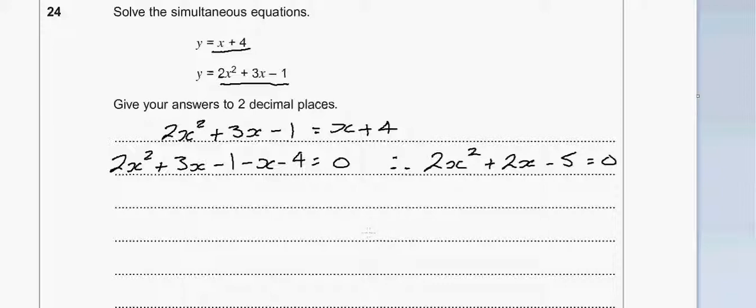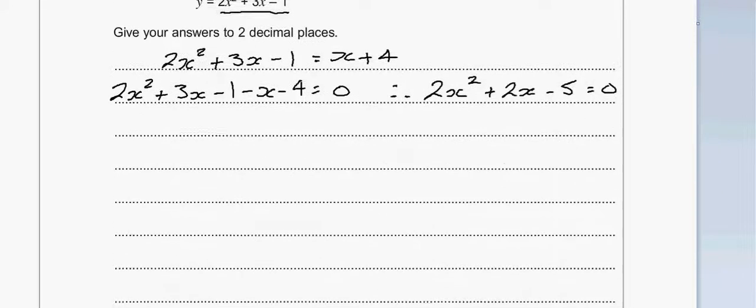Okay, so there's a couple of ways we could approach this. We could complete the square and solve this, but we've got a coefficient greater than 1. I could divide all the way through by 2, but then we would get into fractions, and I don't really want to do that. So I would use the quadratic formula.